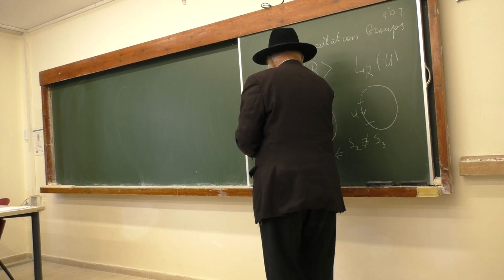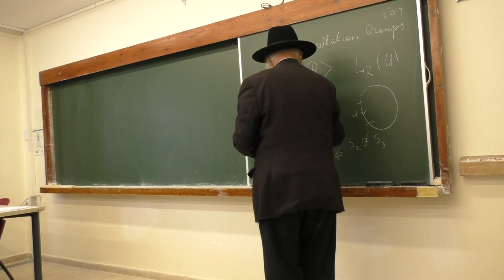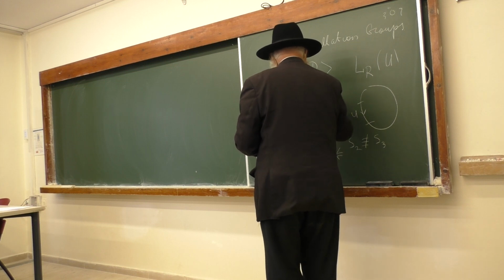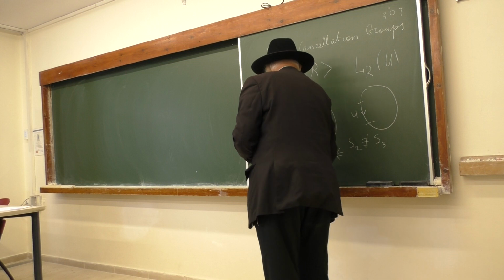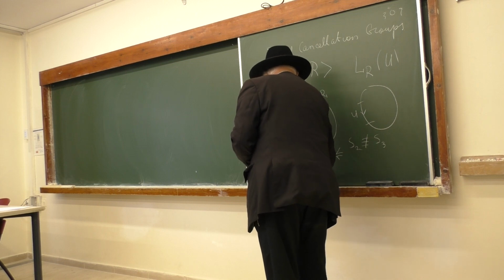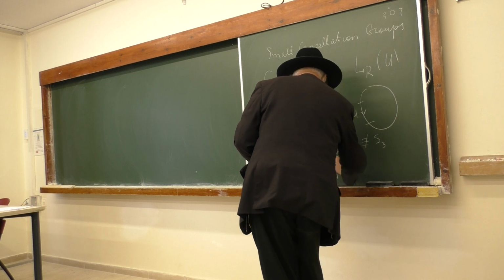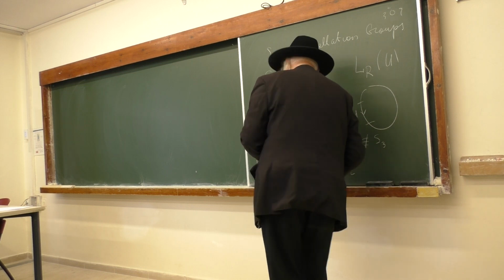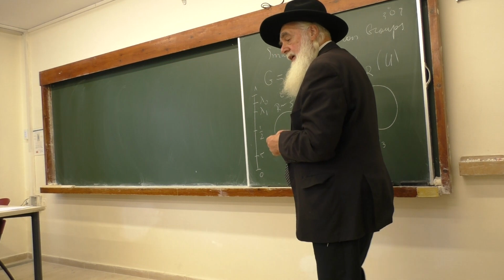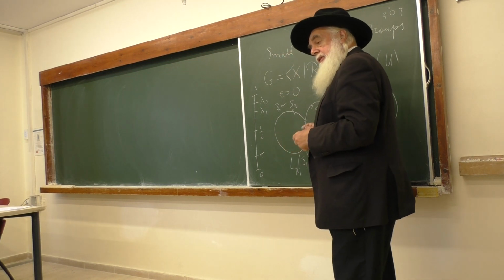It could be that we have a relator R1 and a relator R2. So in both R1 and R2, the measure of this common part will be less than or equal to epsilon. And this is our small cancellation condition.